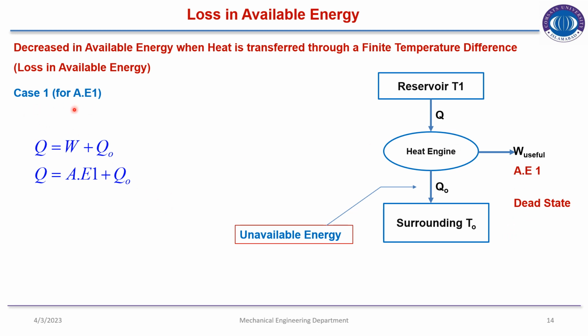Now for case 1, when the temperature is T1, the available energy is AE1. Here Q is the total amount of energy, AE1 is the available energy, and Q naught is the unavailable energy.